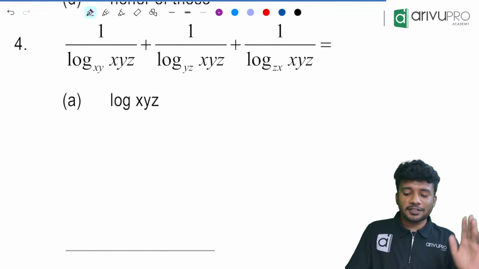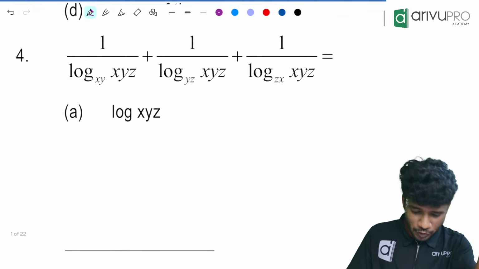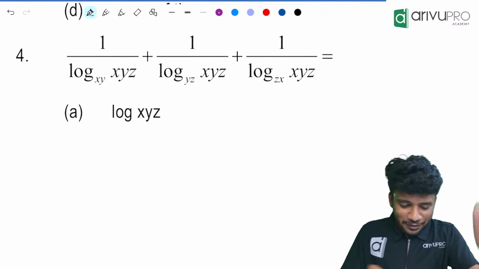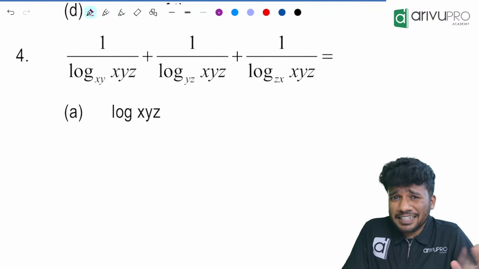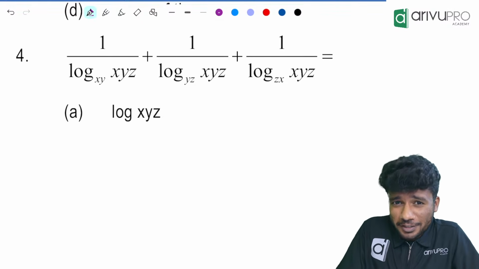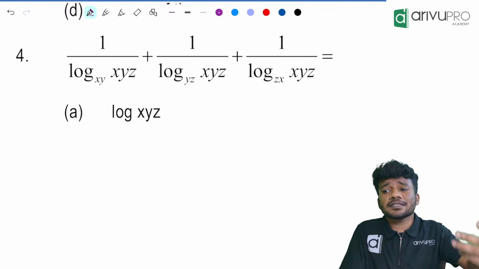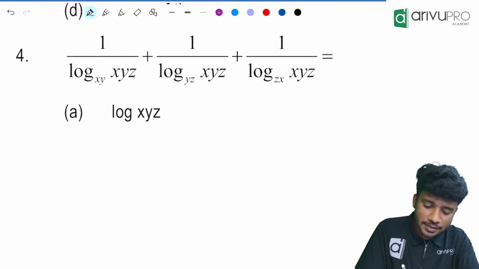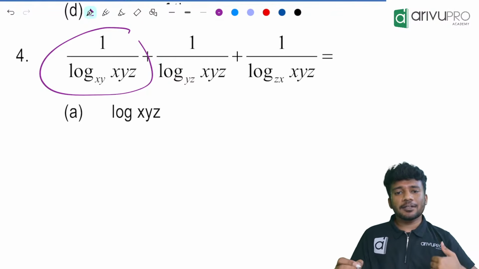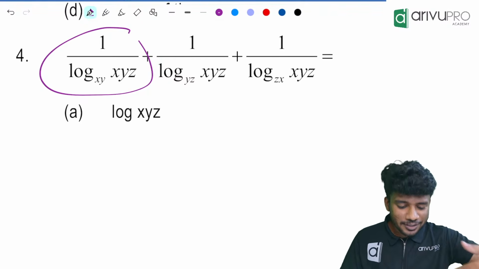Next one. Another question which we usually do in our class itself. Look here: 1 divided by... It is the reciprocal property of a logarithm, correct? So I can make the bases same by taking the reciprocal. This is of the form 1 divided by log of xyz to the base xy.